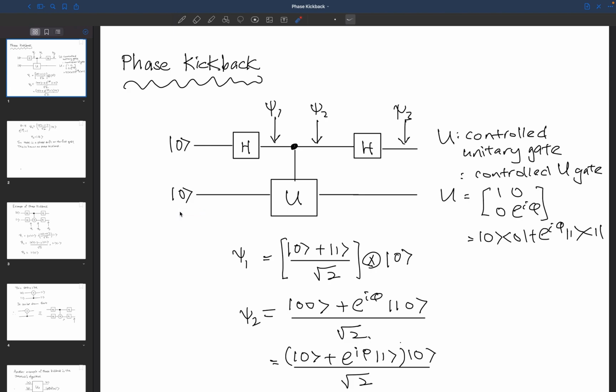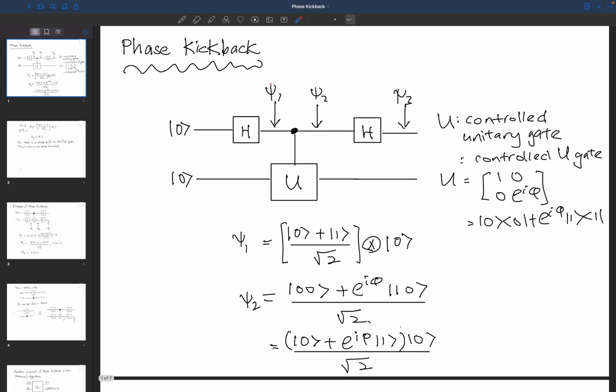If the control qubit is in state 1, then the unitary gate will be applied, e^(iφ), to the target qubit. In order to implement the phase kickback, we need to apply a Hadamard gate on the first qubit.